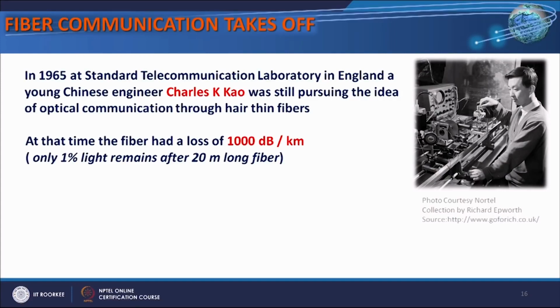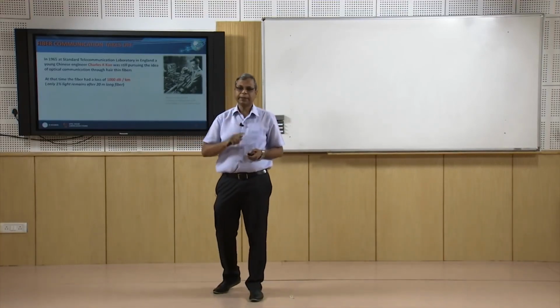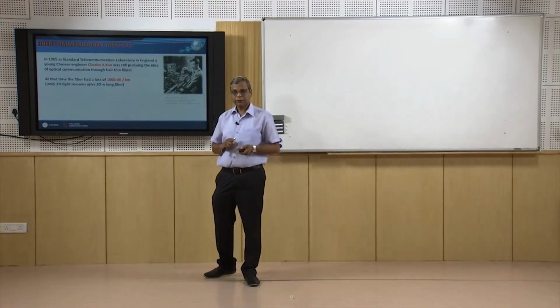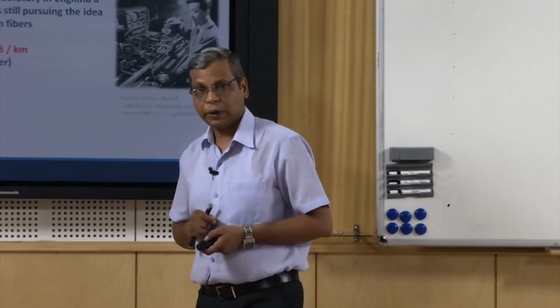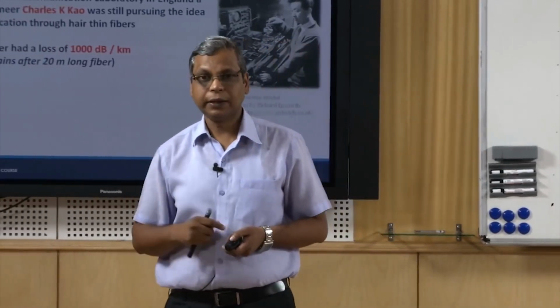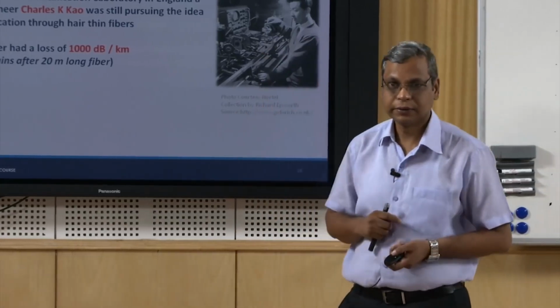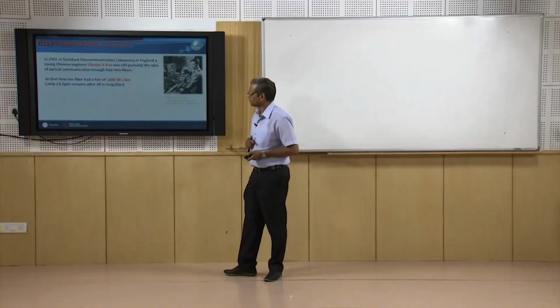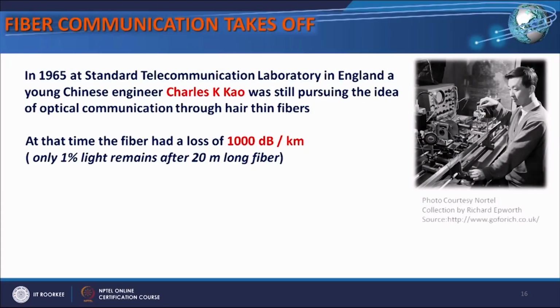It means that if you send light through 20 meters of optical fiber, then only 1% light remains, which means that if you put 100 milliwatt of light at one end of a 20 meter long fiber, at the output end you will be left with only 1 milliwatt. But 100 milliwatt is huge, you do not use 100 milliwatts. So, only 1% light remains after 20 meters. This was the kind of loss in optical fiber at that time.